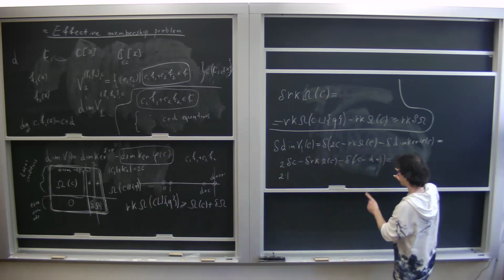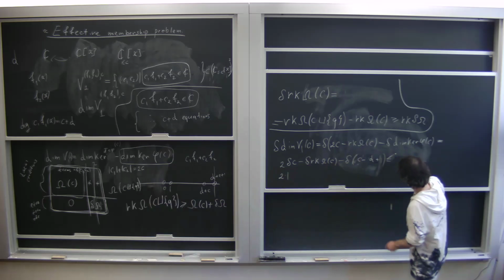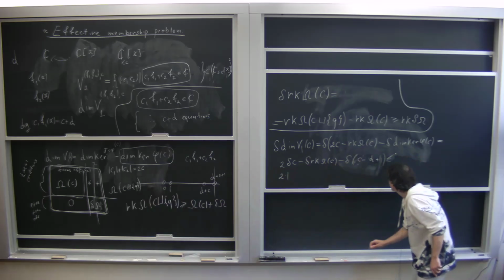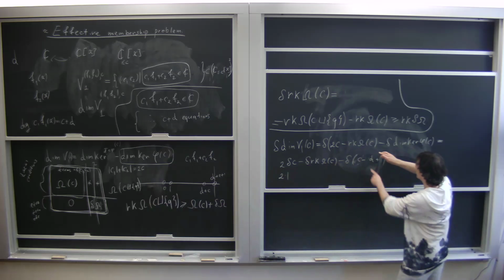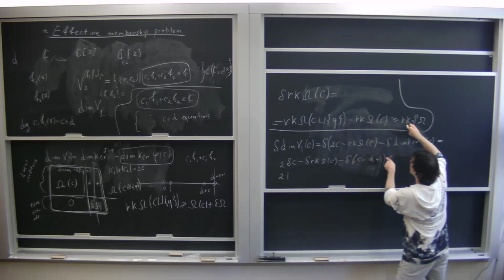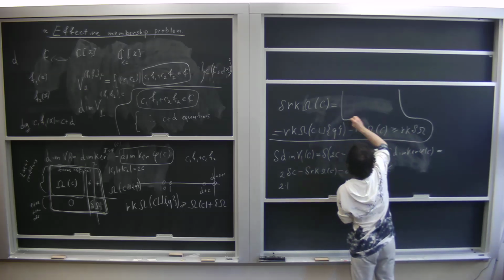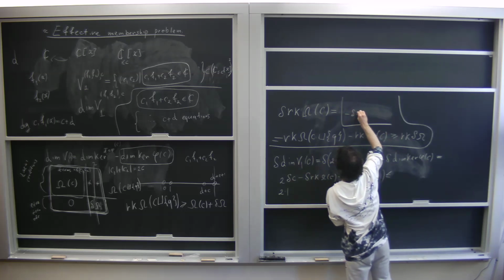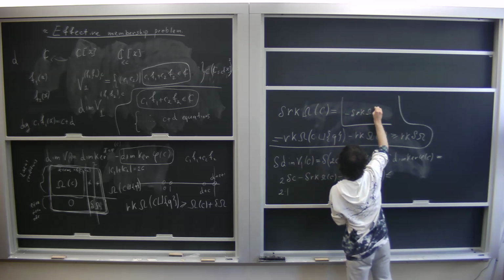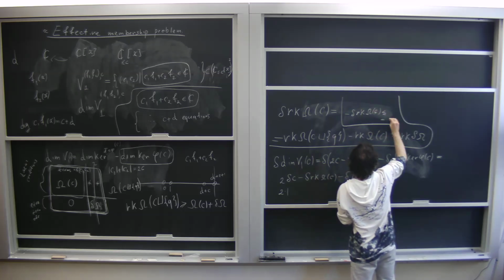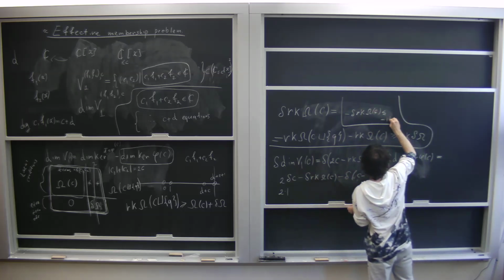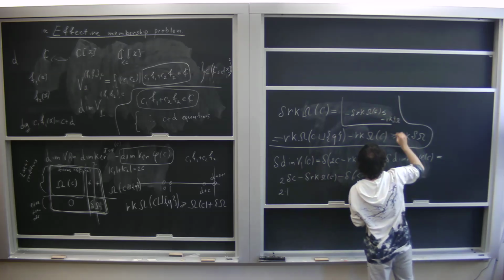From this inequality, minus delta of the rank is smaller or equal to minus rank of delta omega.